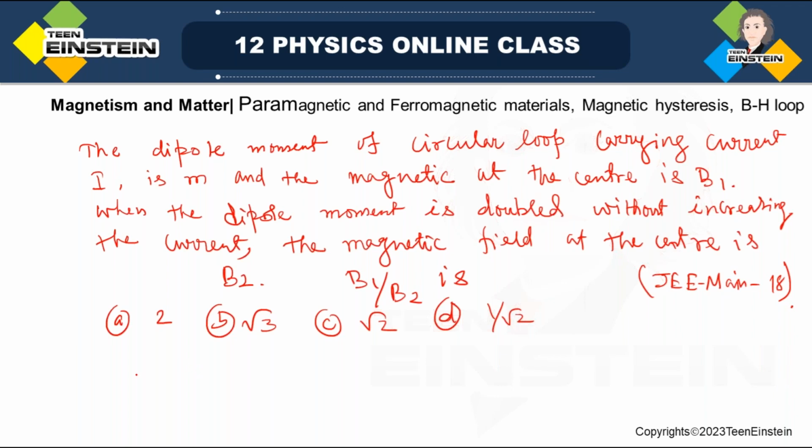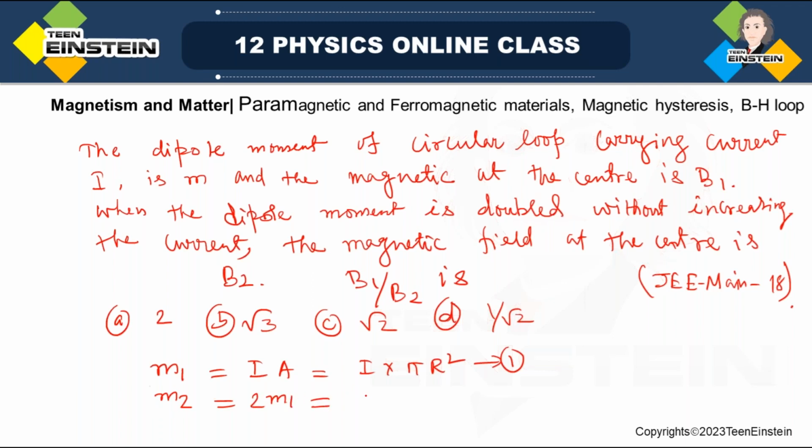I'll explain what the question says. It says the dipole moment of a circular loop. What is the dipole moment of a circular loop? Suppose this is M1. M1 is I into A, where A is pi r square. So this is equation number 1. Second, when the magnetic moment is doubled without increasing the current, M2 is now 2M1.